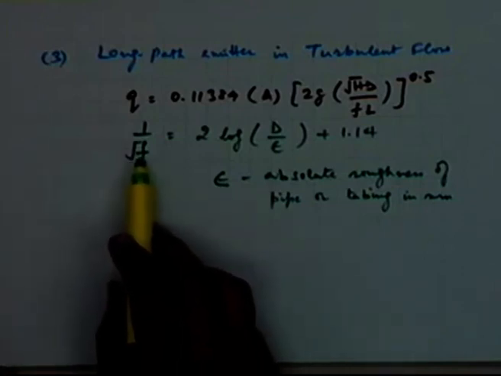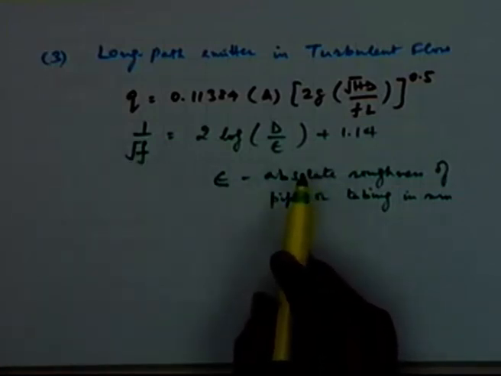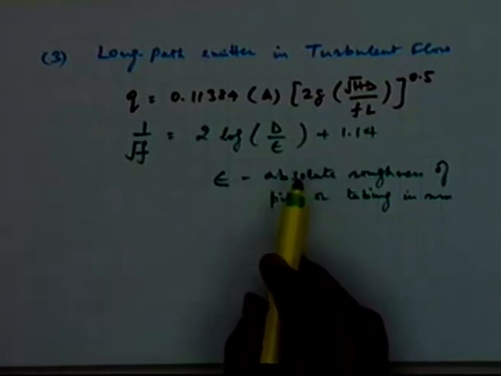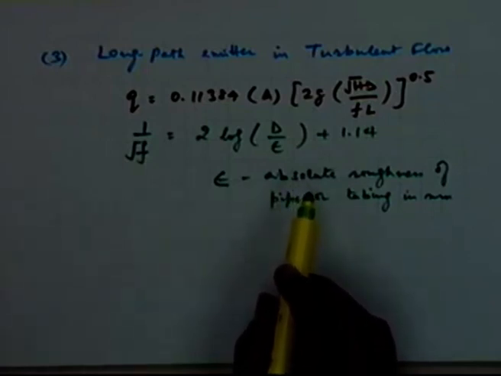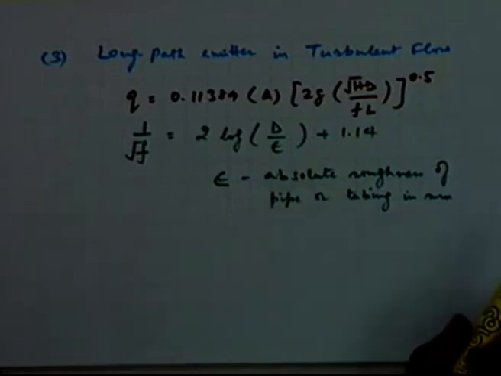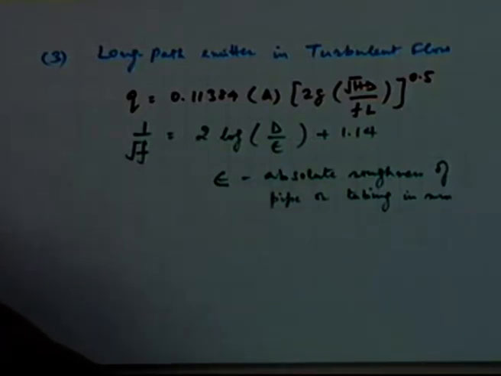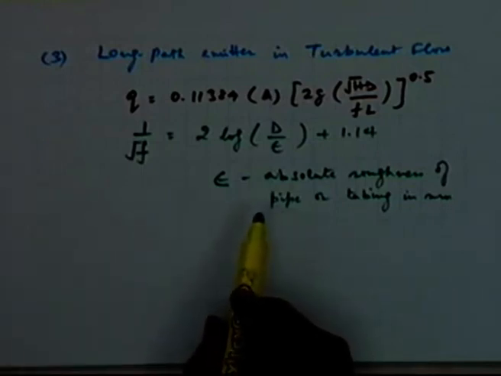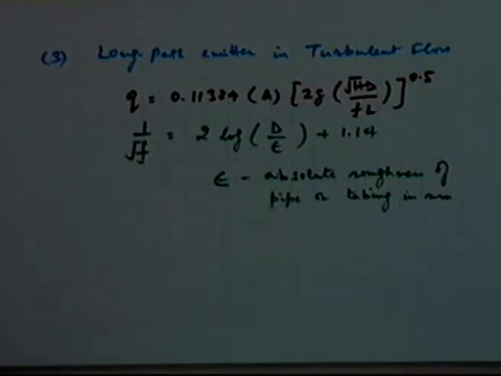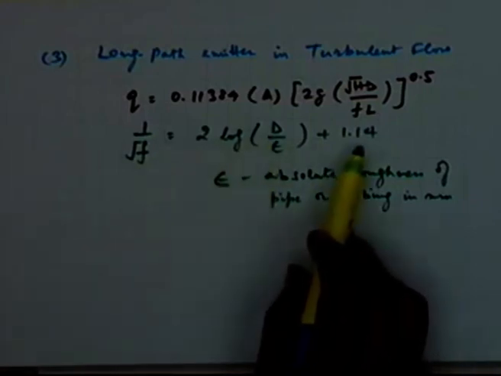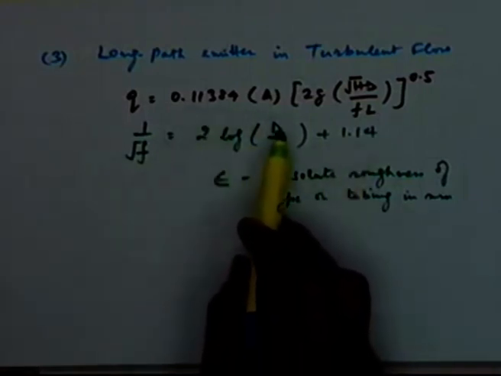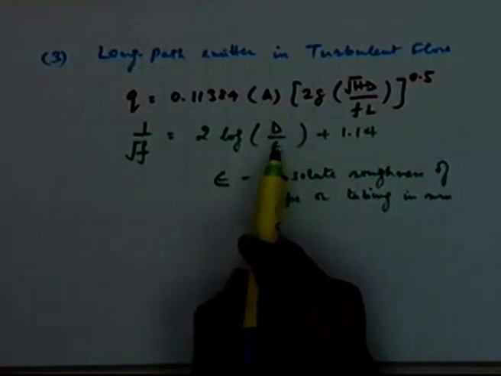because the friction factor will be dependent on what is the extent of the roughness of that material which is being used in the case of the turbulent flow. While using this equation, you have to be careful that the units used for d and eta are the same units.